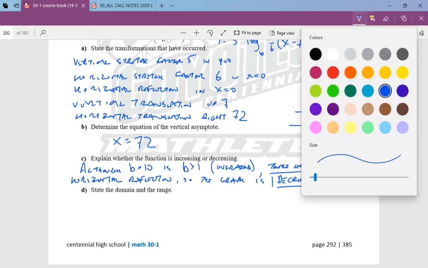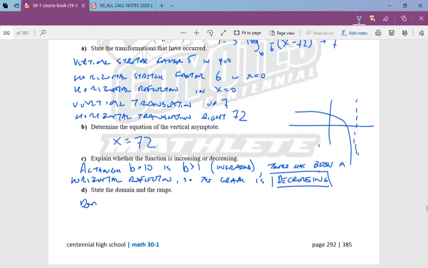State our domain and range just by going from that. From negative infinity to 72, round bracket because it's not equal to 72, and the range is all real.